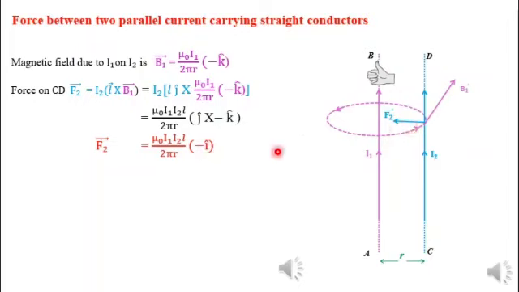Now we can consider the next current carrying conductor. Use the right hand thumb rule for second wire. This is the direction of magnetic field around it.